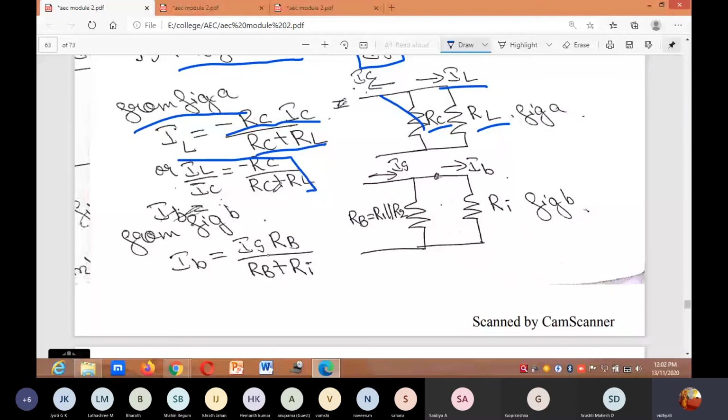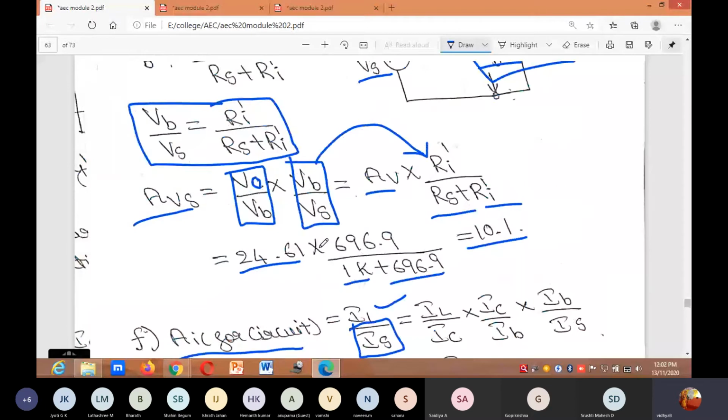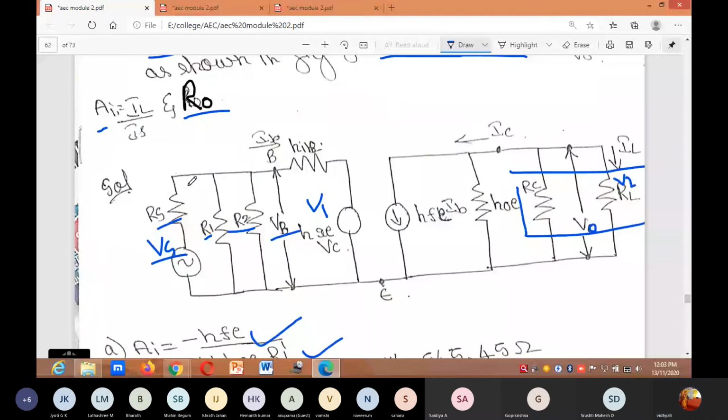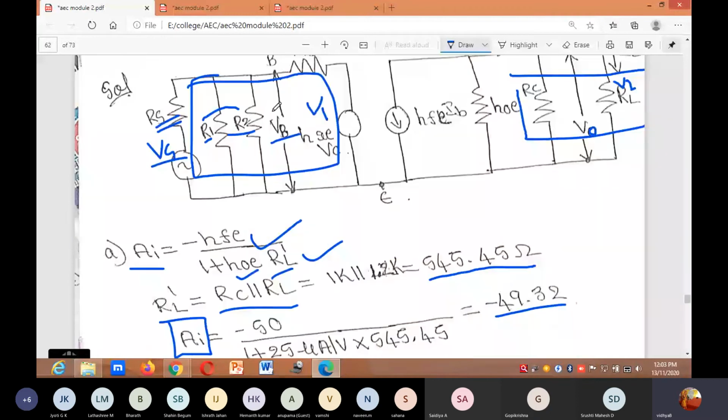Next, from figure B, they have considered RB is equal to R1 parallel R2. This figure is the input side. These two will be RB and this one RS, and overall RI.